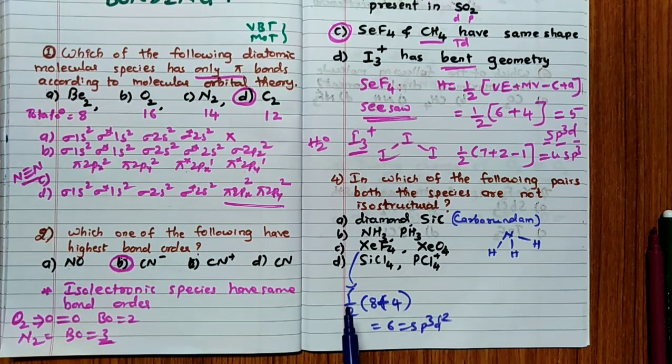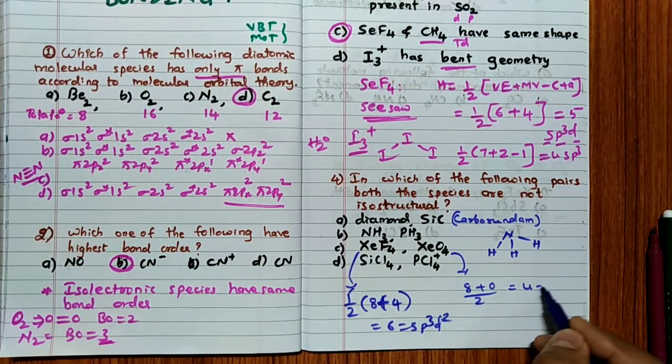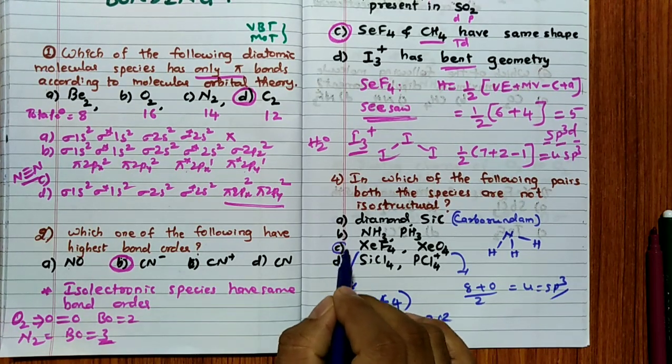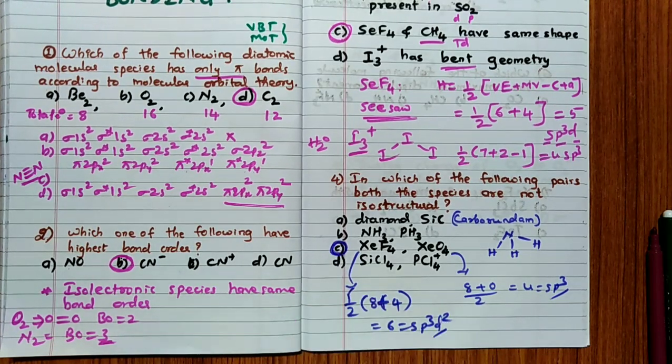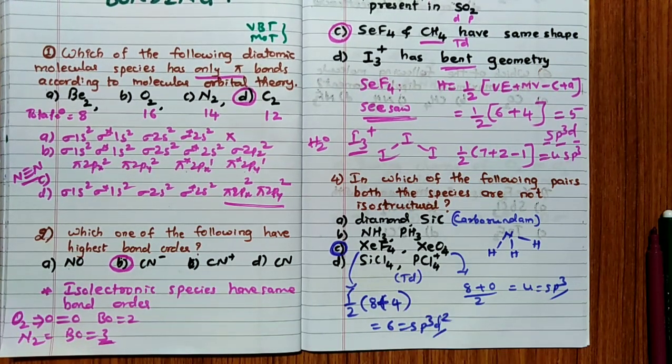Now XeO4: Xe is 8 plus 0 because oxygen is divalent, divided by 2, so that 4 is sp3. Then definitely both will never have the same shape. Hence the answer should be not isostructural. The answer is C. SiCl4 and PCl4 plus have the same structure, both having a tetrahedral structure in this particular case. Hence remember, the answer for this question is C.